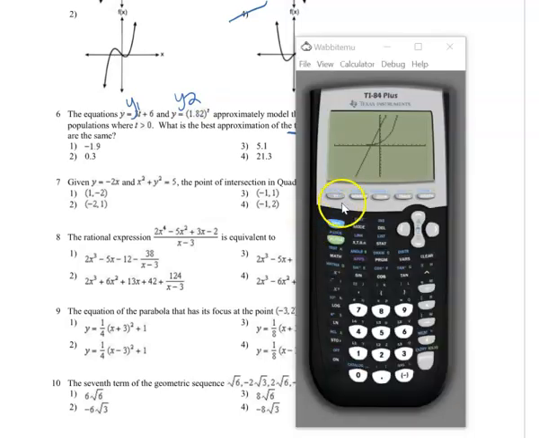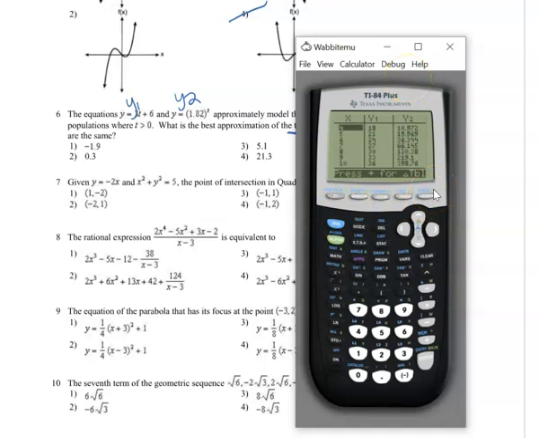Alright, so just so you guys see, I did type in y1 and y2, and I took a peek at my standard window, so zoom 6'd it, and I see 1 intersection, but I'm missing 1 up here. You could look at your table of values to get an idea of what's happening. So at x equals 10, you guys can see that we are already up to like 398.